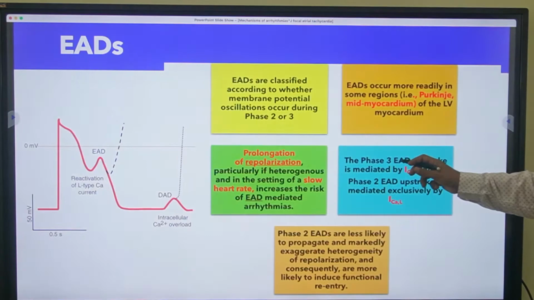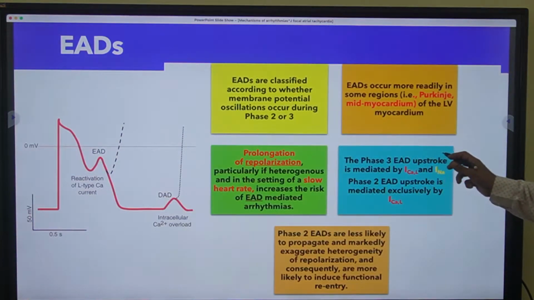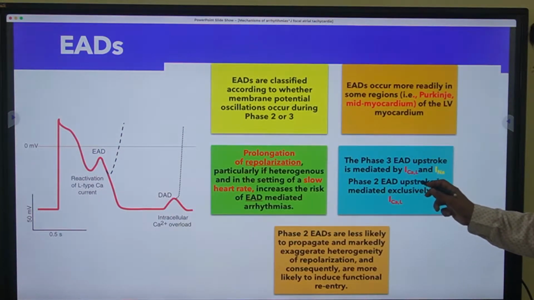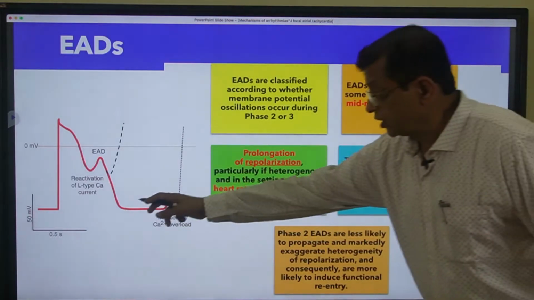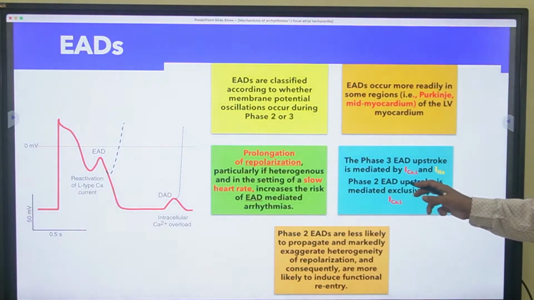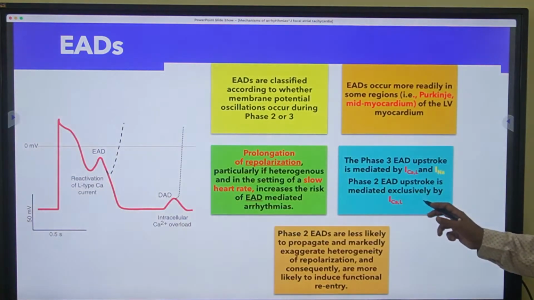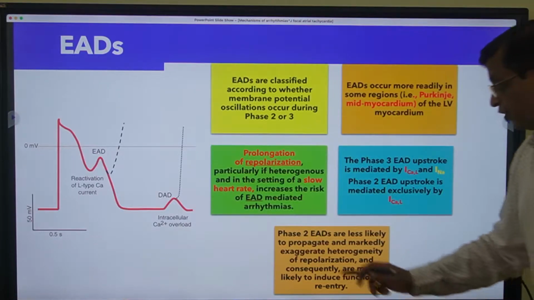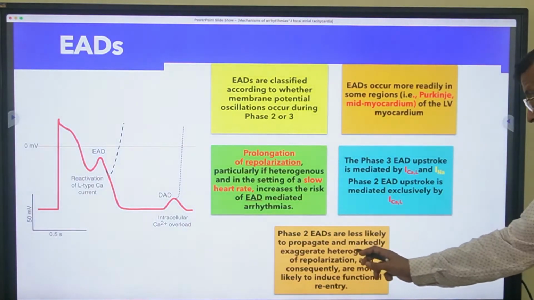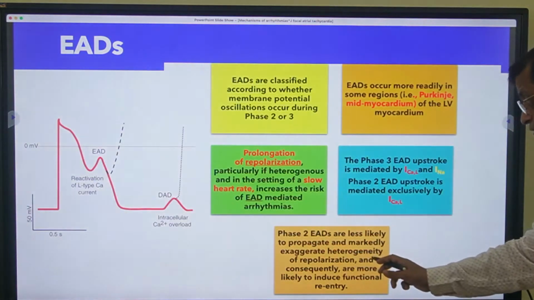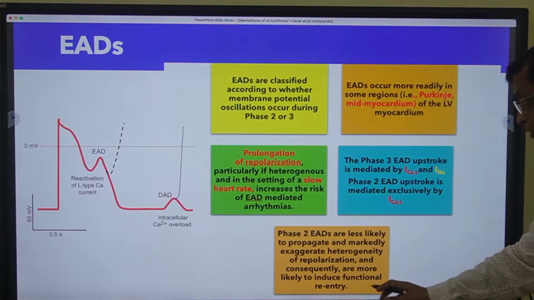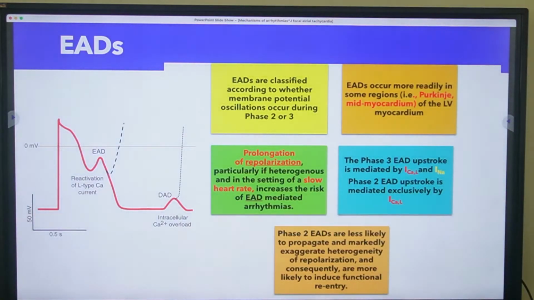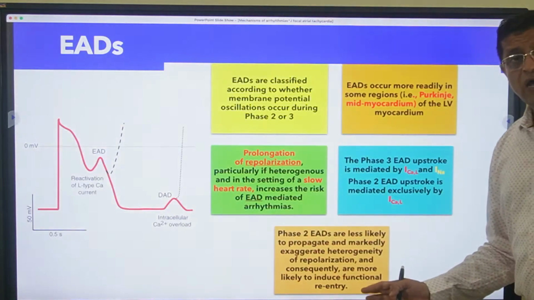The phase 3 early after depolarization is mediated by slow L-type calcium channels and sodium channels. Phase 2 is mediated exclusively by L-type, slow calcium channels. Phase 2 early after depolarizations are less likely to propagate and markedly exaggerate heterogeneity of repolarization and consequently are more likely to induce functional re-entry.